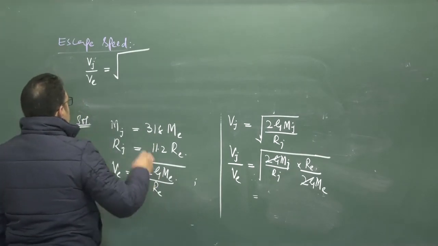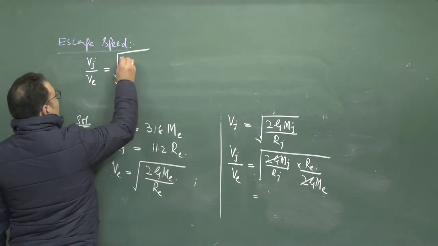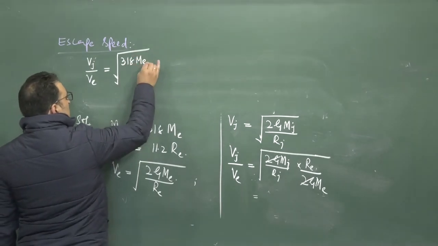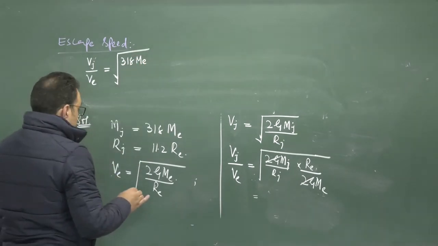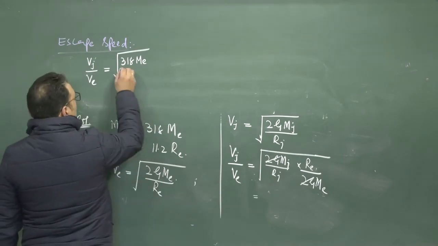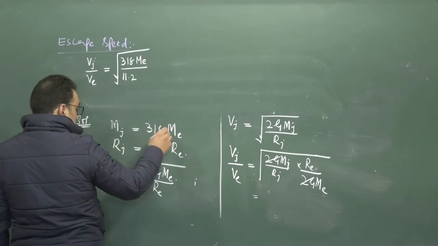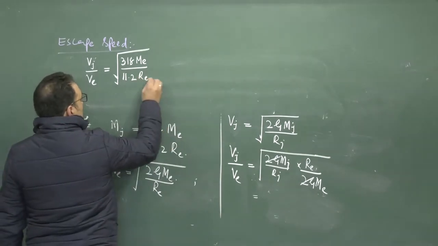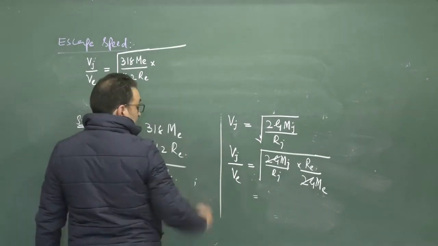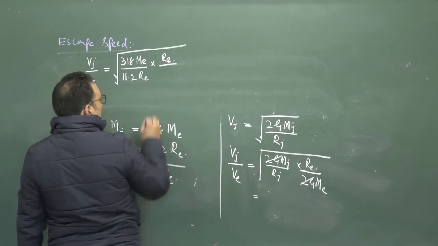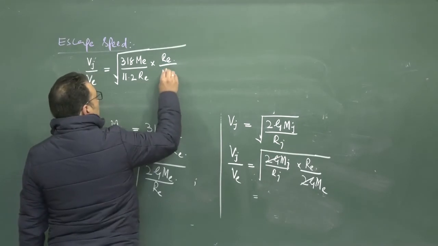Mj can be written as 318 times the mass of Earth, and Rj can be written as 11.2 times the radius of Earth.